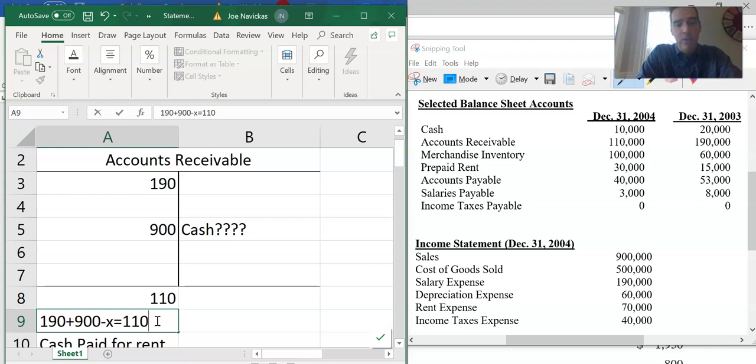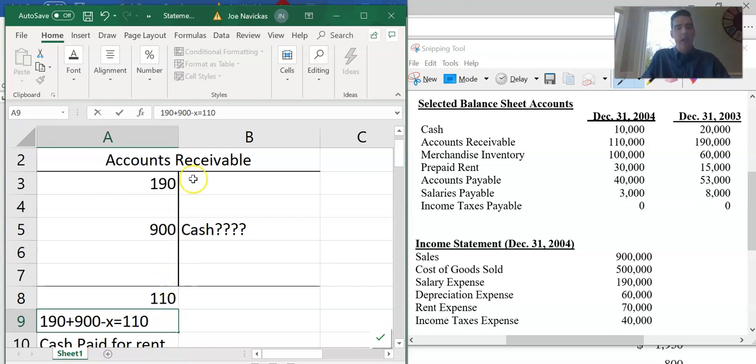So I got 980 without even doing the equation there. But let's take a quick check here. If you just pull out your calculator, we'll do our equation: 900 plus 190, and then we take out our 110, and we get our 980.